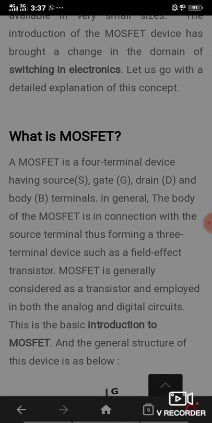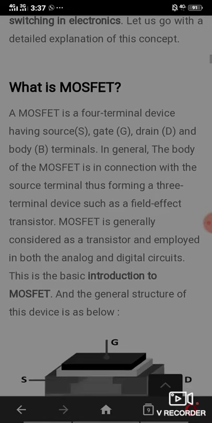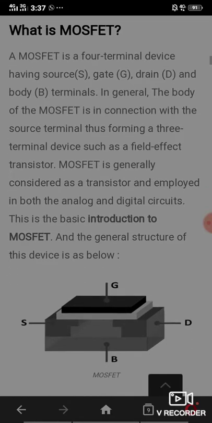MOSFET is generally considered a transistor and employed in both analog and digital circuits. This is the basic introduction of the MOSFET and their general structure.